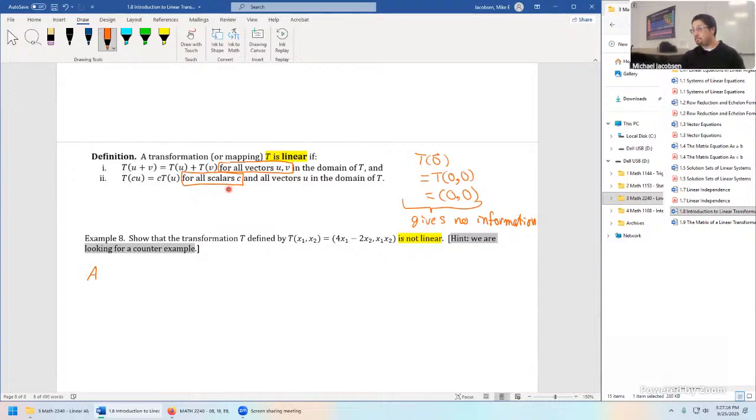A counterexample is a specific vector slash scalar. I'll write it this way because you might try to do this by part 1. You might try to do this by part 2.